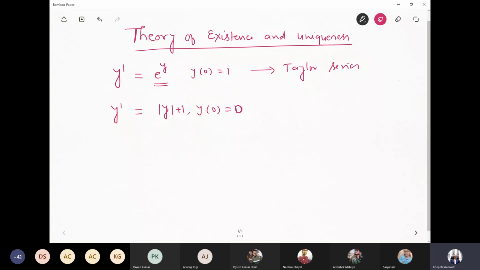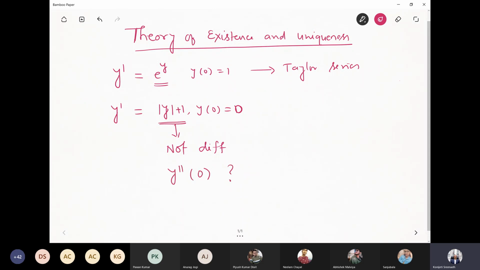So now here you cannot say whether I can write a Taylor series. Whether you take mod y or mod y plus 1, we can't write the Taylor series because this function is not real analytic, is not differentiable. So you will be stuck even for finding y double prime at 0.